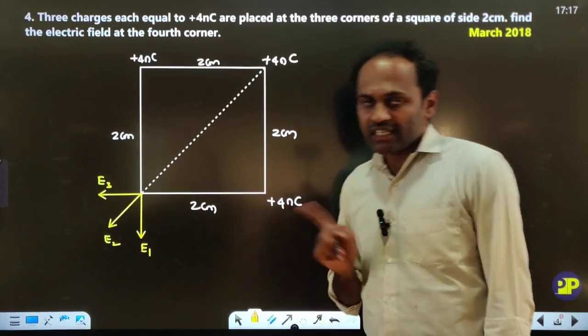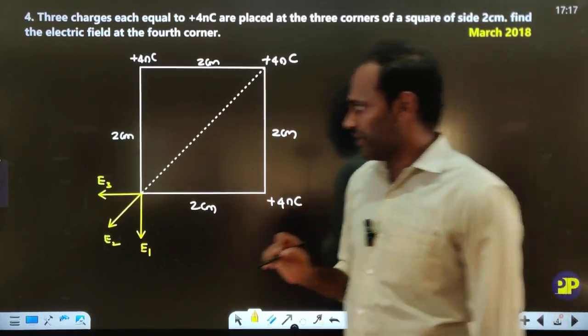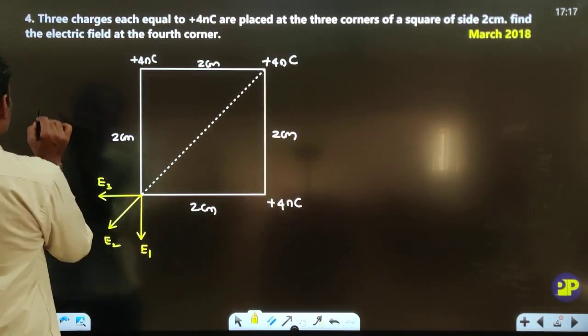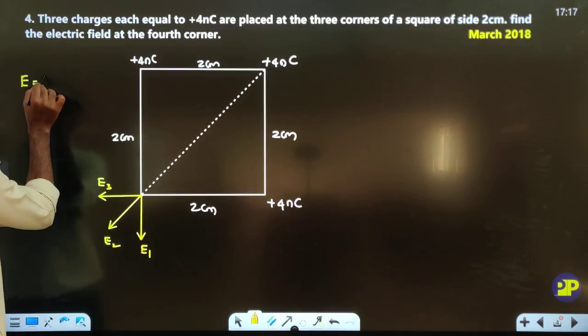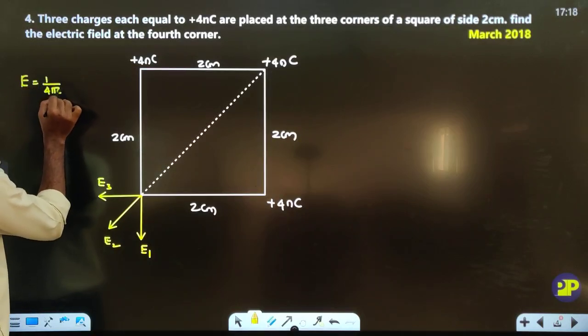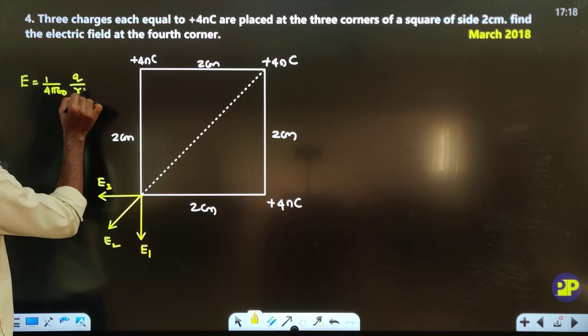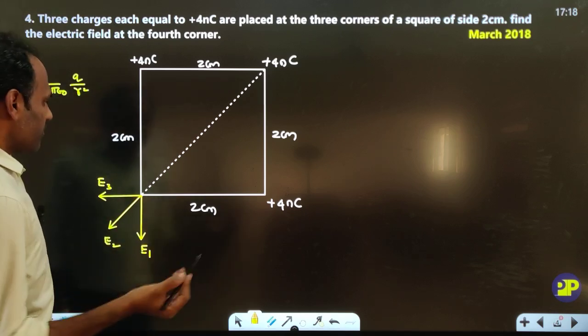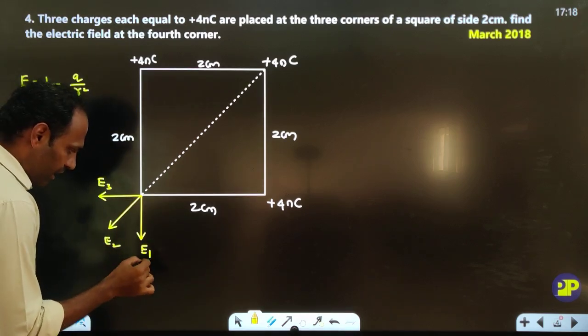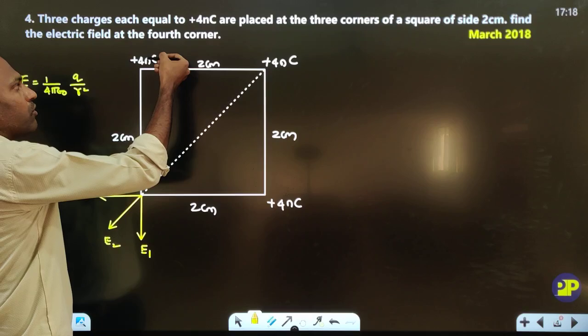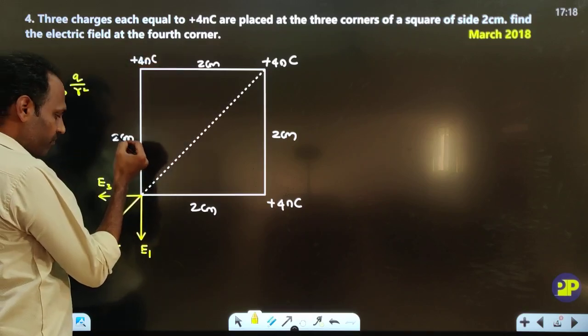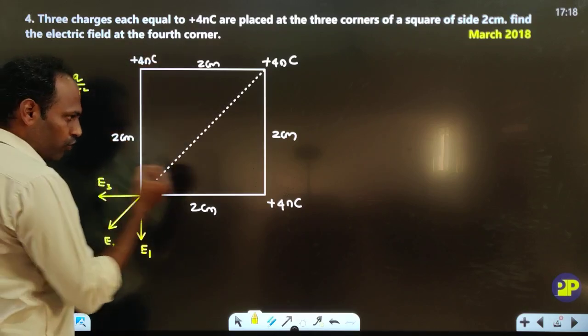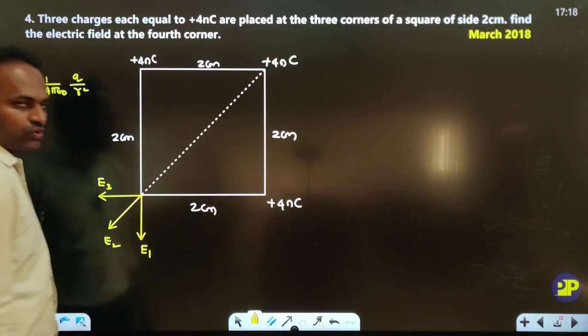See, if the charge and distance are the same, the electric field will be the same, because we know the electric field of a point charge is given by E is equal to 1 by 4 pi epsilon naught Q divided by R square. Here, E1 is the electric field due to plus 4 nanocoulomb whose distance is 2 centimeter. E3 is the electric field due to plus 4 nanocoulomb whose distance is 2 centimeter.